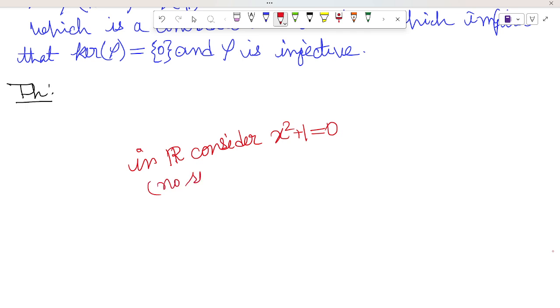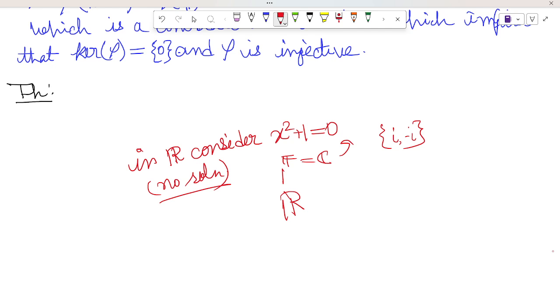No solution, it is irreducible over R. But if we extend R to the field C, then in this field that equation has zeros, i and minus i.